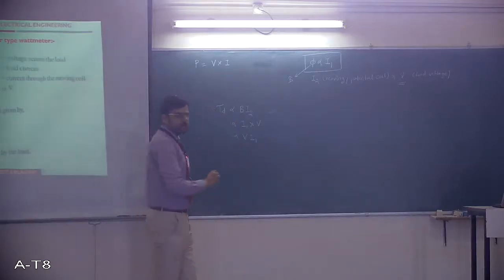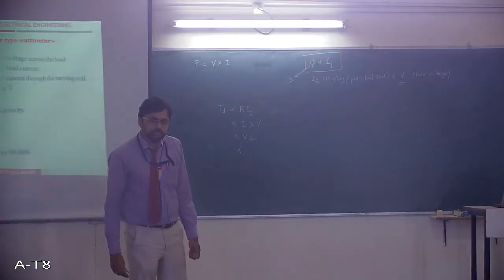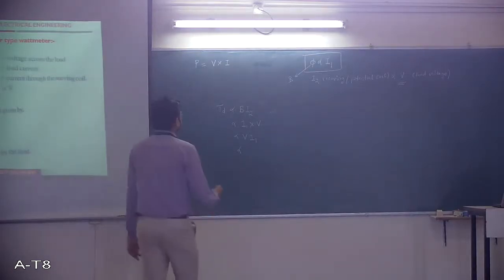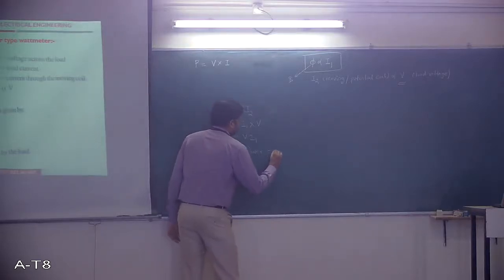What is V into I1? V is the voltage across the load. I1 is the current flowing through the load. Is it not the active power consumed by the load? Yes, it is the power consumed by the load.